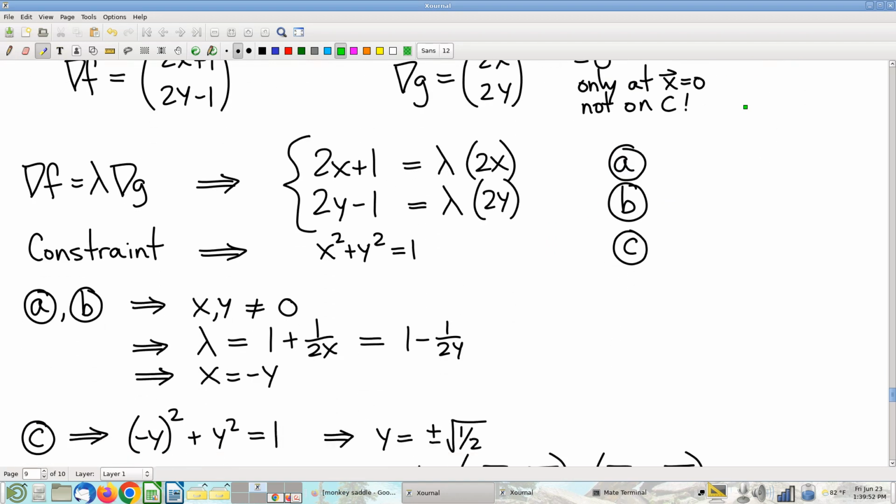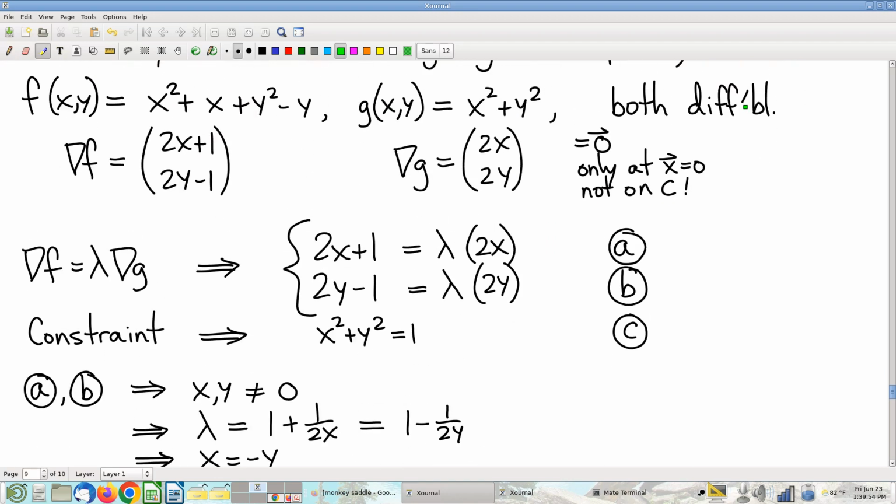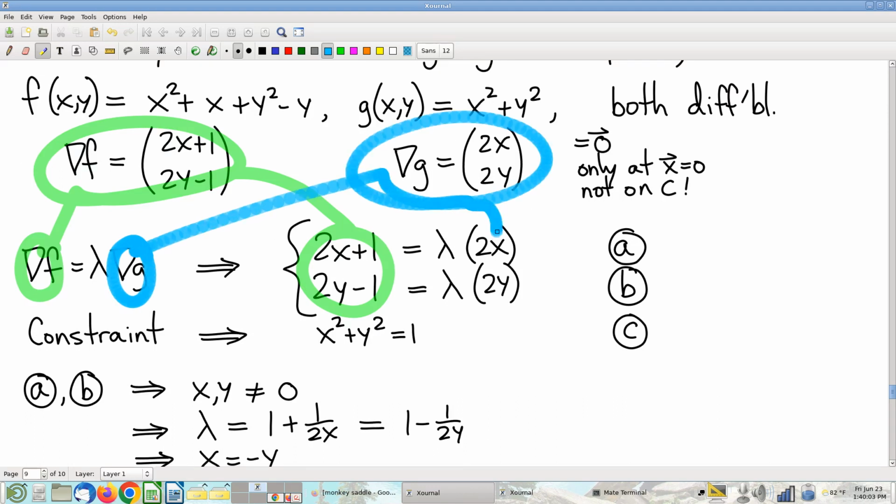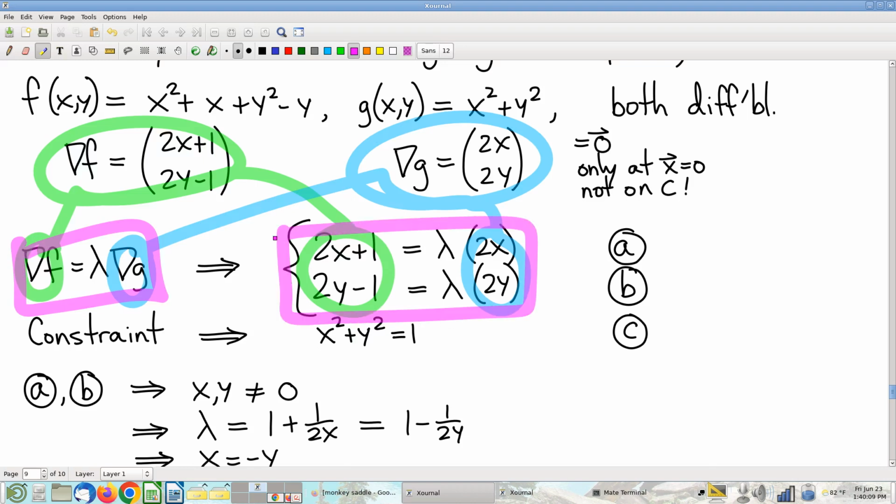And now it's a matter of doing the Lagrange equation. So the Lagrange condition turns into this pair of equations. Again, don't forget about your constraint in the first place. We only care about points that either do or don't satisfy the Lagrange conditions if, in fact, they are on the constraint.